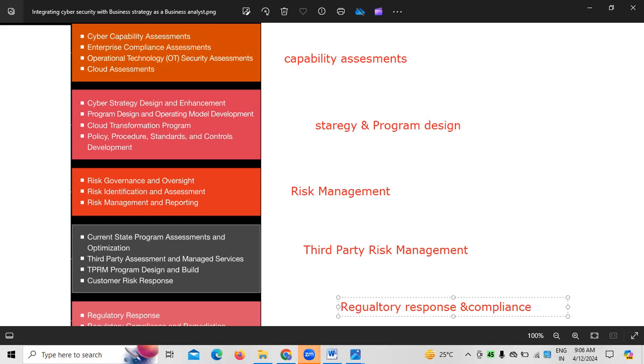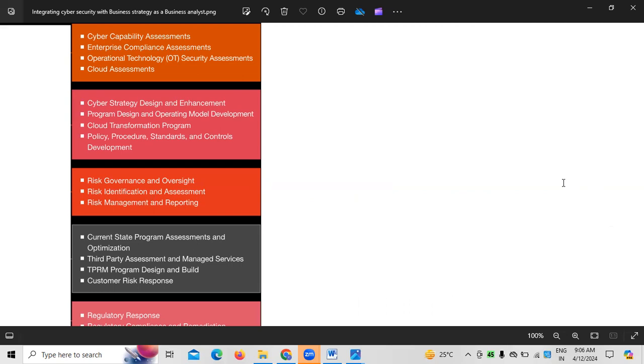This includes optimizing the current state program assessments, creating a program design and building it with the help of the technical and architect teams, and creating a customer risk response process, so that if any risk is identified, we know how to respond. We have to focus more on this.